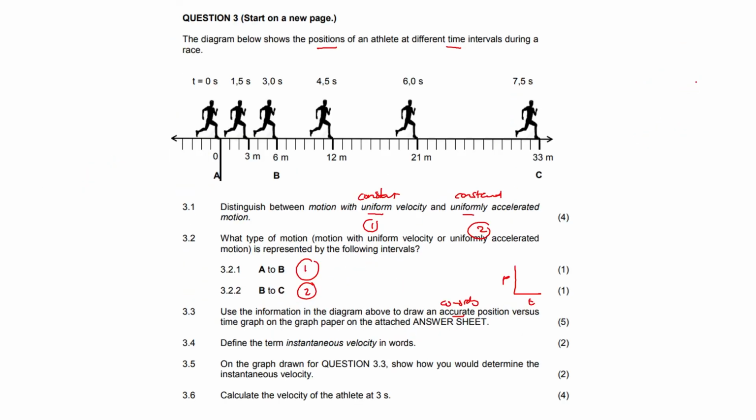Then 3.4. Define the term instantaneous velocity in words. Instantaneous velocity is a rate of change in position, or whatever your textbook tells you. Velocity at a particular time, whatever the case might be. 3.5. On the graph that you have drawn in 3.3, show how you would determine the instantaneous velocity.